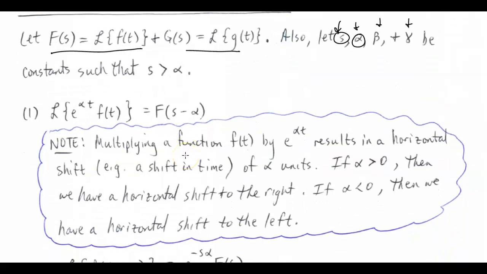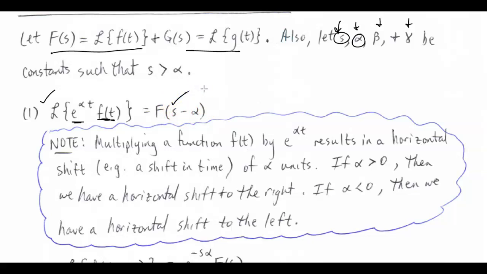So one of the important properties that we note here is that anytime we have the Laplace transform of some function times e raised to the alpha t, where again, remember that alpha is going to be a number smaller than s, then what this turns out being is an actual horizontal shift in the s domain, or the Laplace transform domain, okay?